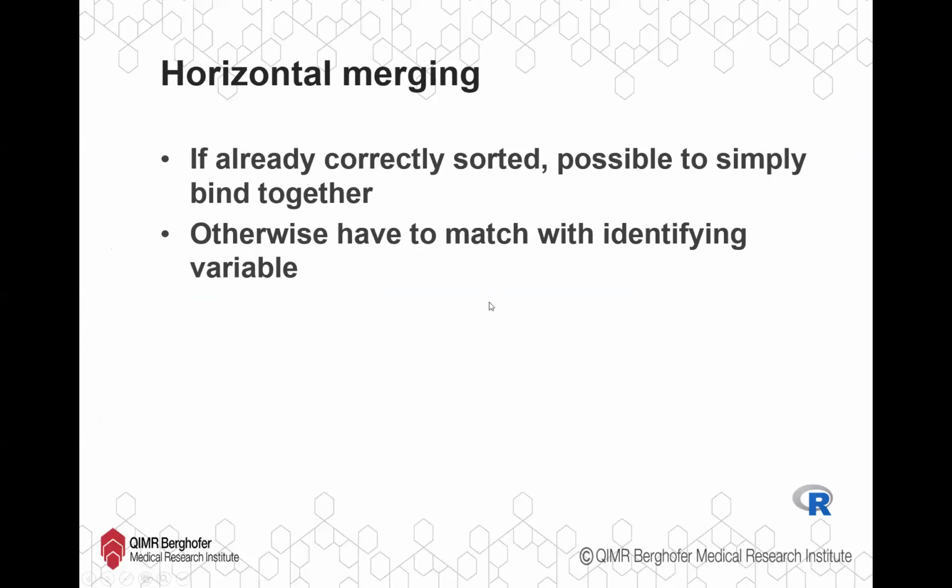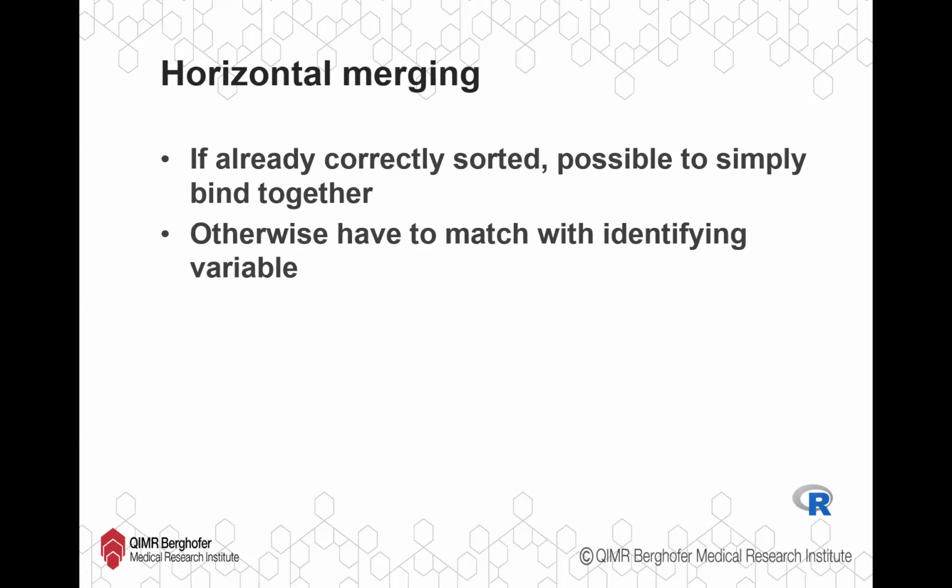Now, horizontal merging. The thing with horizontal merging is we don't necessarily know if all the cases are in the same order when we add new variables. Because the first data set, we might have the variables in different order. I'm sorry, not the variables, the cases in a different order than the second data frame.